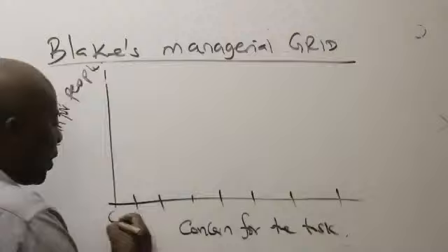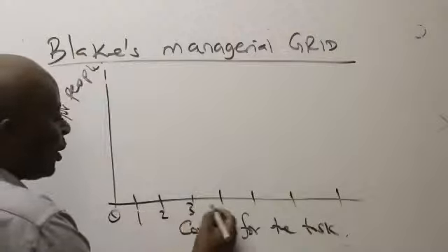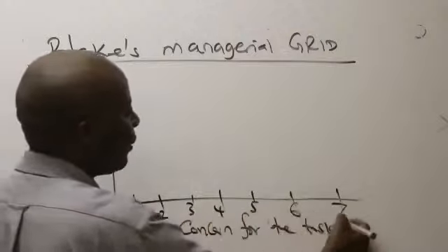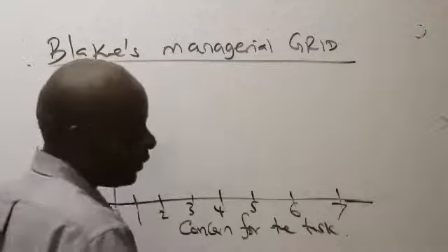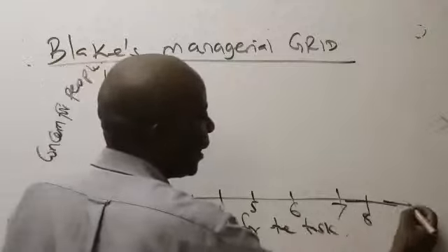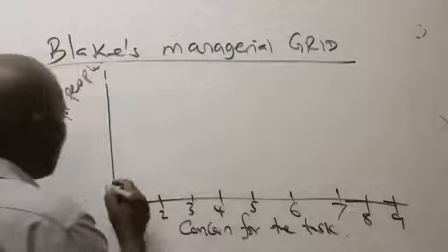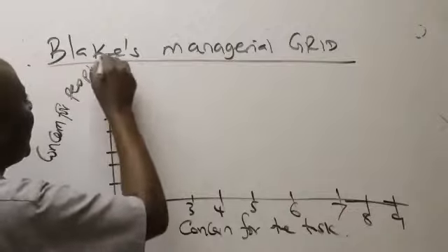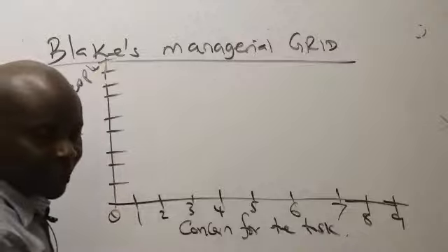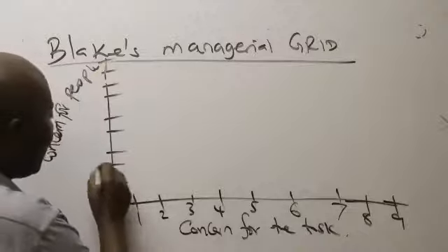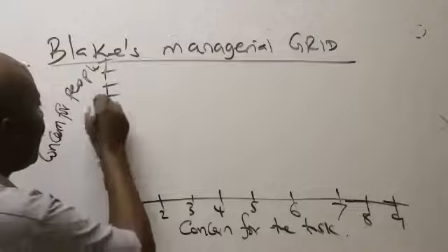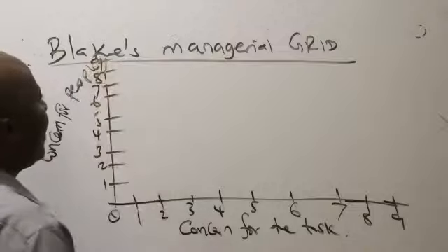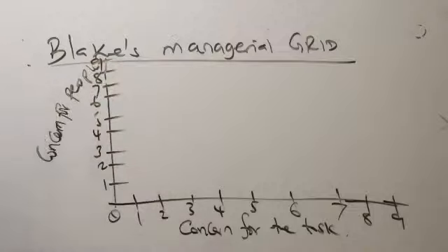So of course we have 0 there, then 1, 2, 3, 4, 5, 6, 7, 8, 9, up to 9.